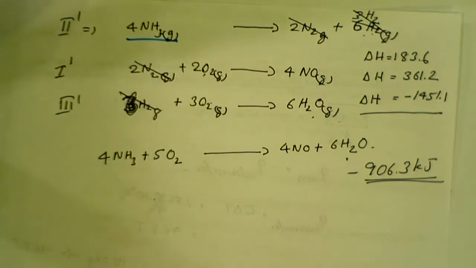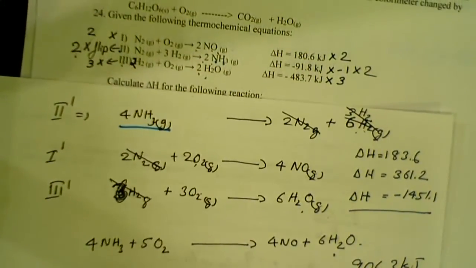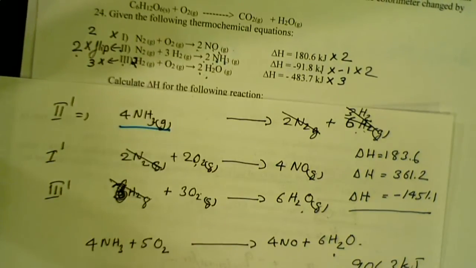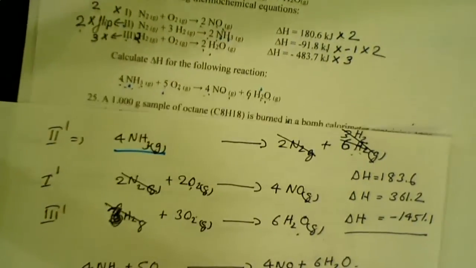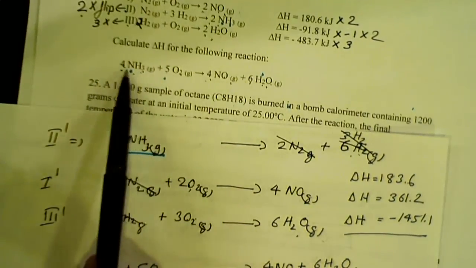So when you flip the equation, the enthalpy change will have the opposite sign, and when you multiply with a coefficient to make it equal to the desired equation, you have to multiply the enthalpy also.